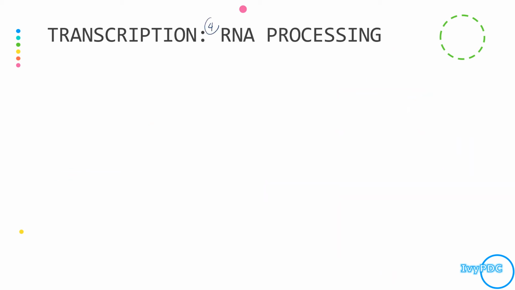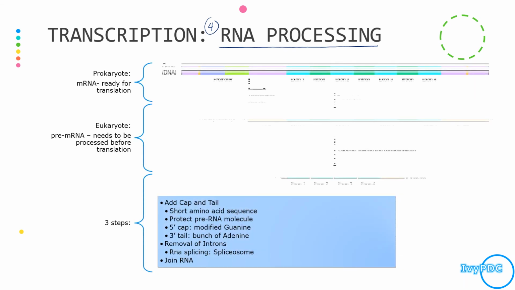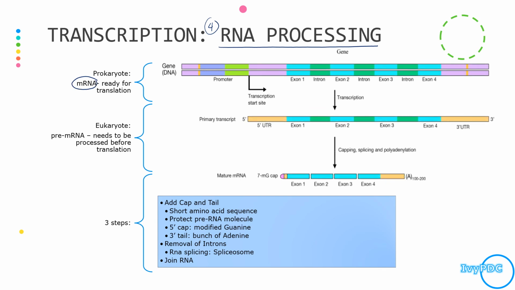The fourth and last step in eukaryotic transcription is the RNA processing. This step is not seen in prokaryotes because the mRNA made after termination is ready for translation, whereas in eukaryotes, the mRNA made after termination still needs to be processed before translation. We call this mRNA pre-mRNA, or precursor mRNA.